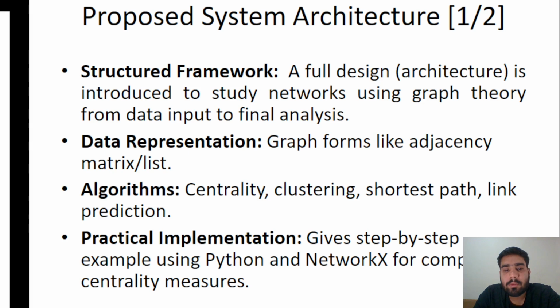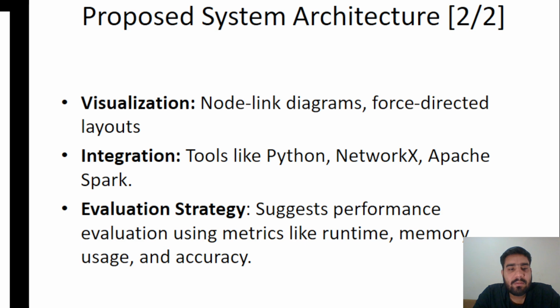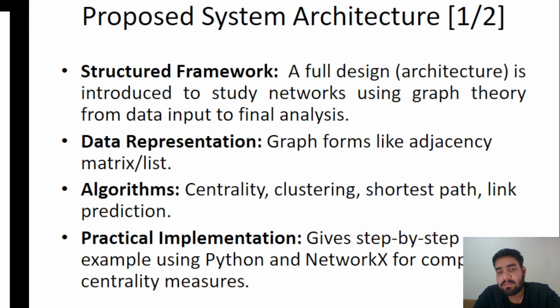Now moving toward the proposed architecture in our paper. The paper gave us the following things: structure framework, data representation, algorithms, practical implementation, visualization, integration, and evaluation strategy. The paper gives us a system that starts with turning data into a graph, like using a list or matrices.